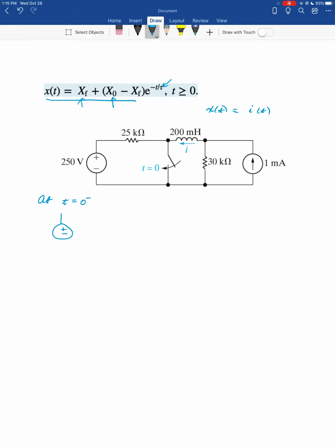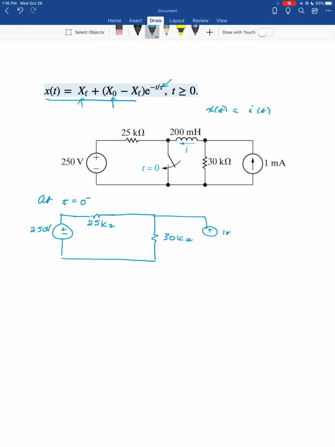So to find the initial current, let's look at t less than 0, just before the switch closes. Now just before the switch closes, the circuit looks like this. Here's my 25 kilo ohm. Now the inductor has been sitting for a very long time and we have DC conditions, so it looks like a short.